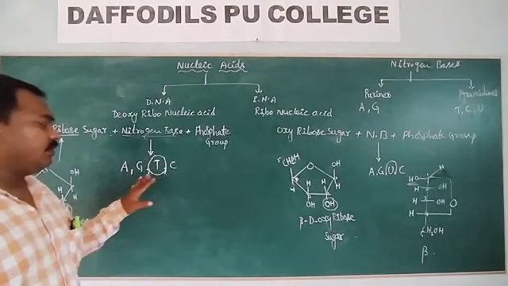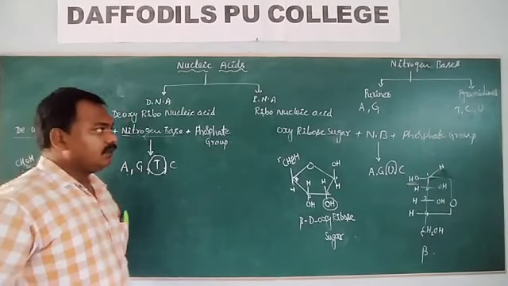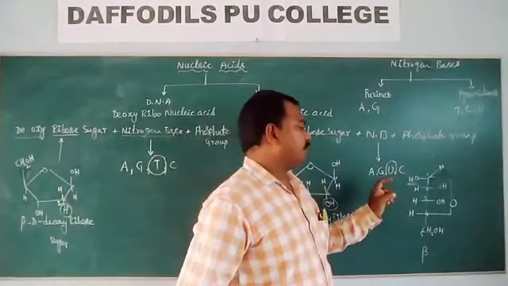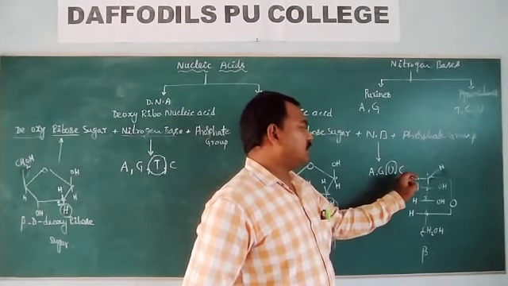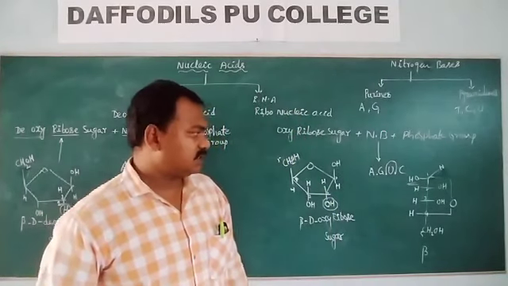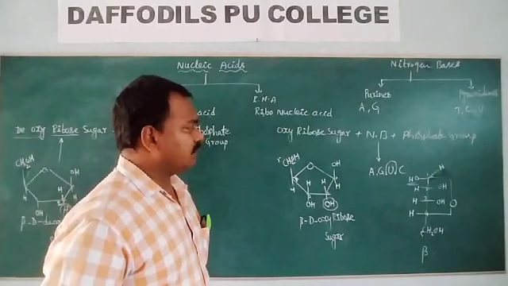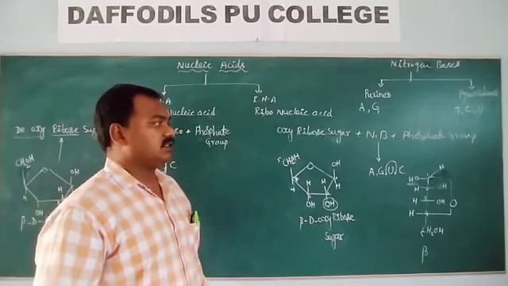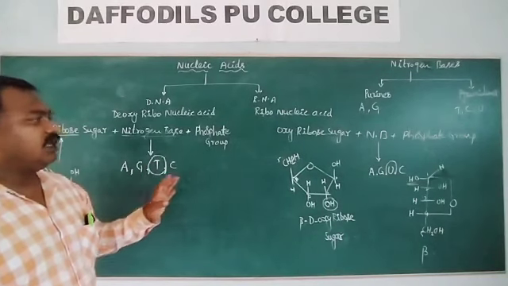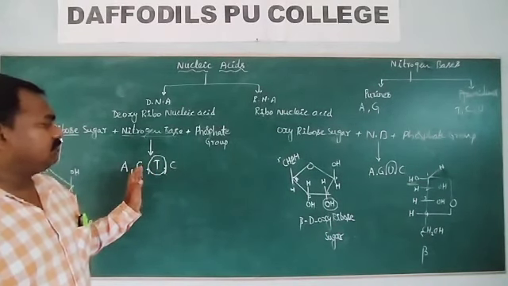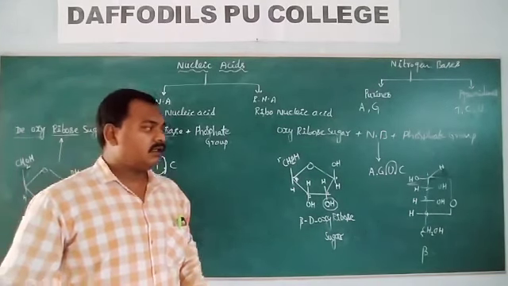In RNA, the nitrogen bases are adenine, guanine, uracil, and cytosine. So these are the major differences between DNA and RNA.